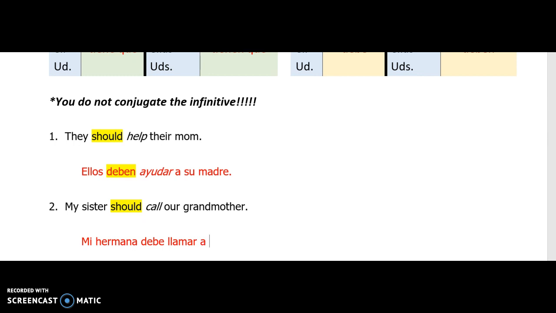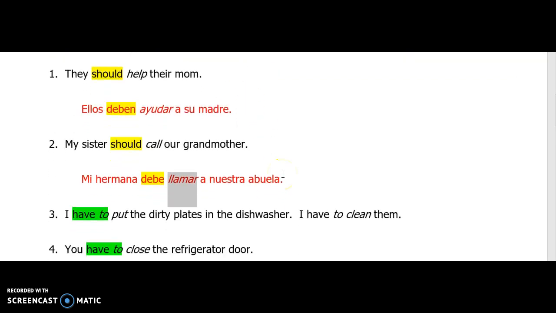You need a personal a in there. Nuestra abuela. Making sure that we make nuestra feminine because abuela is also feminine. So what I want you to see here is that is your conjugated verb. That is your infinitive. Let's try one with some tener que in there.